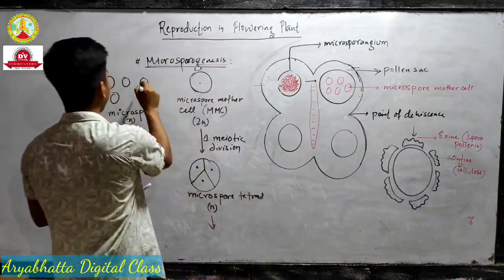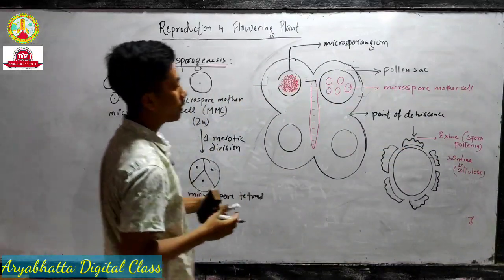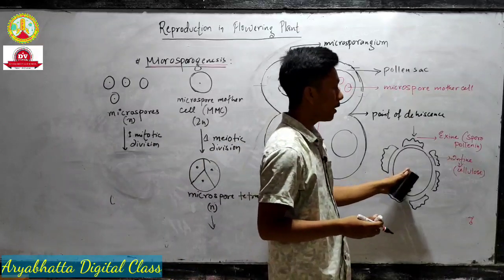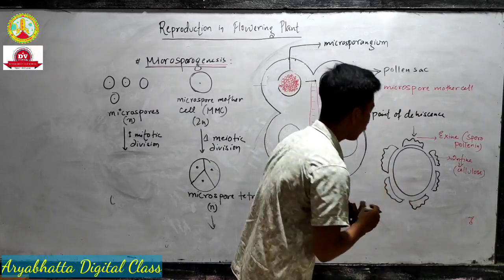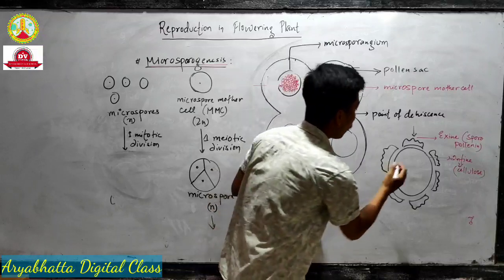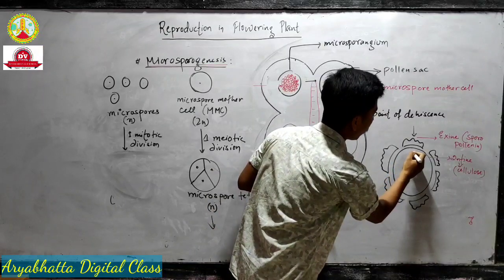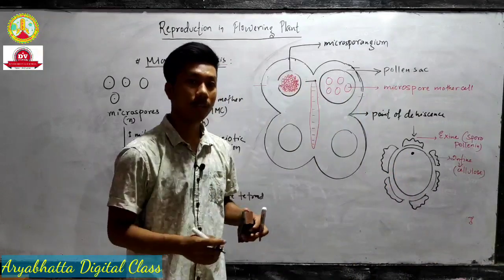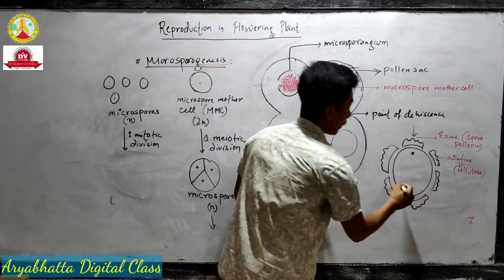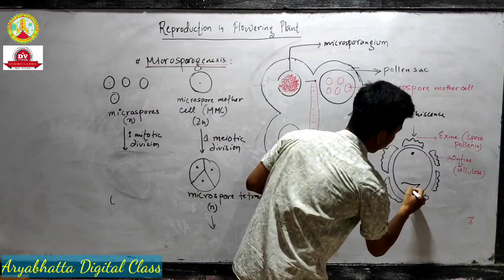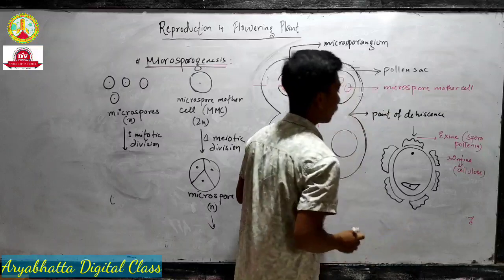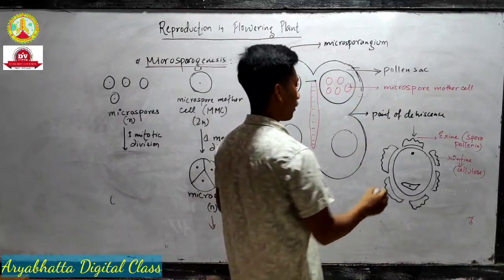Now inside there is a nucleus. Inside the cell, what happens? The nucleus divides into two: one small nucleus which floats inside the cell and one big nucleus which is spindle shaped inside the cell.